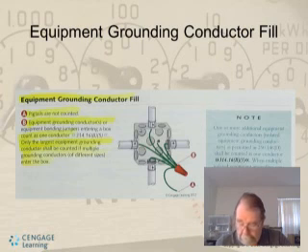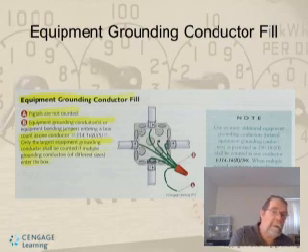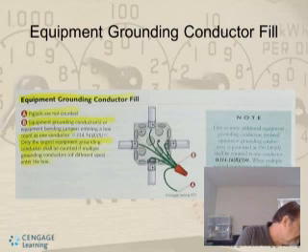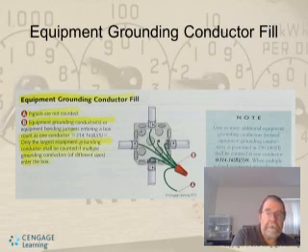The pigtails are not counted, but what is counted is, on this, your equipment grounding conductors, the green conductors. They're all coming in from outside locations, and then they get grounded to the box. That is counted as one conductor. The pigtails aren't counted, and that's a pigtail.